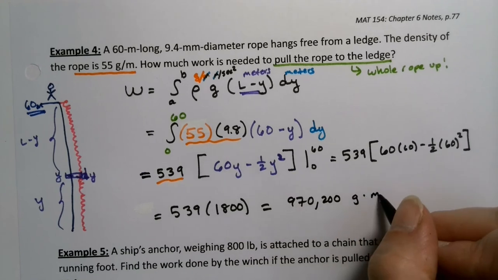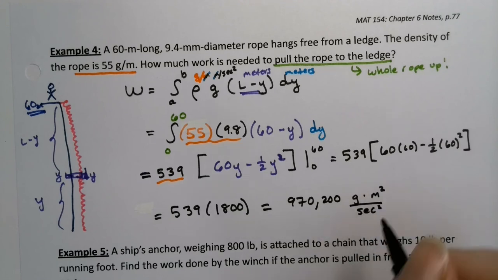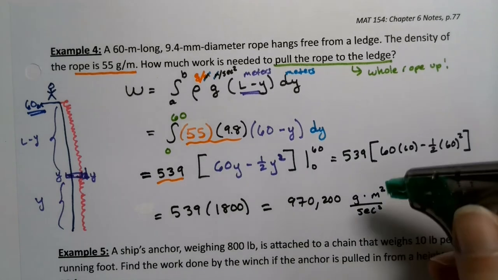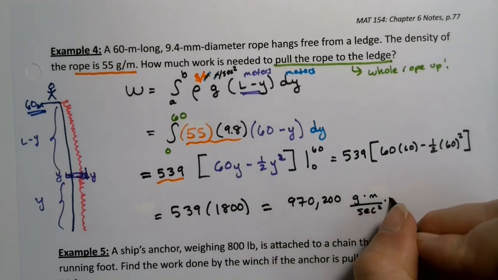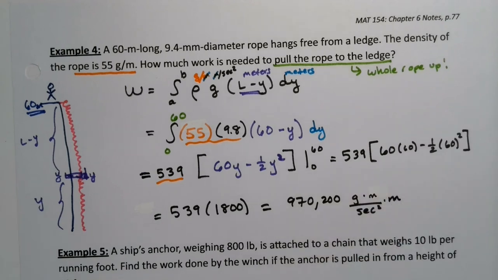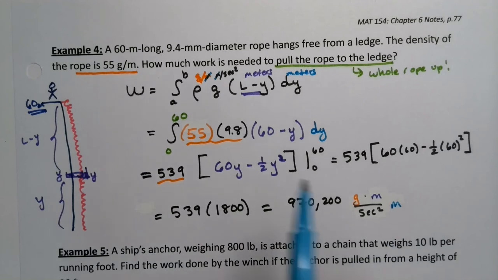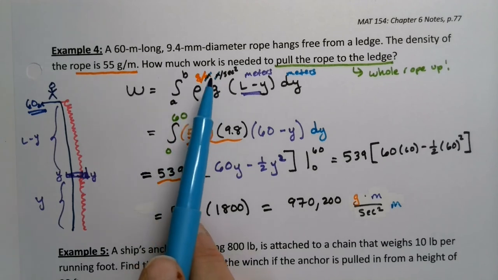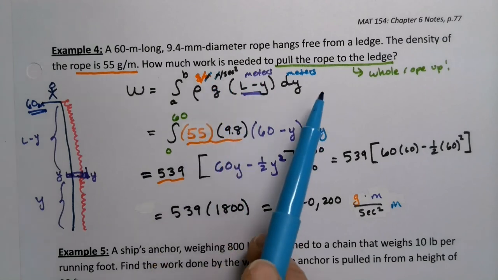Now the units would be grams times meters squared over second squared. Right? Actually, let me just say it's grams times meters times meters. Let me write it that way. I'm going somewhere with this. There, I just changed it to match the colors above so you could see. All right, so these meters in here canceled. So, it's grams in orange times meters in purple divided by second squared because there's a division there, and then another meters.